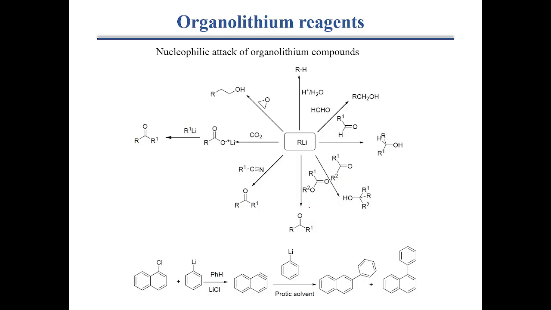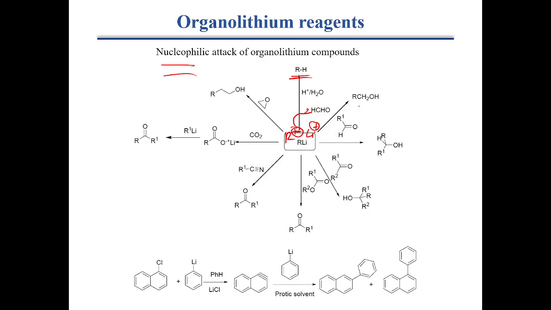So now organolithium can react as a nucleophile also. So here R plus, R minus, Li plus. Now in presence of formaldehyde, it will... In presence of proton, it will form RH.